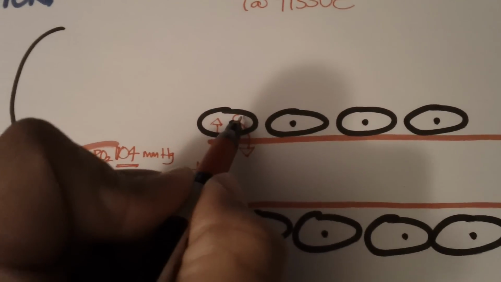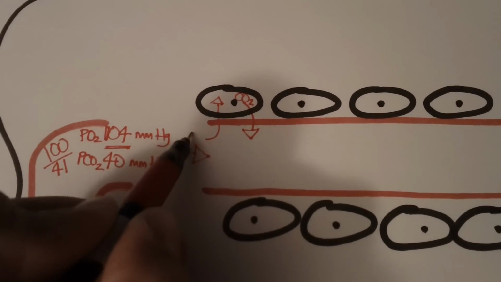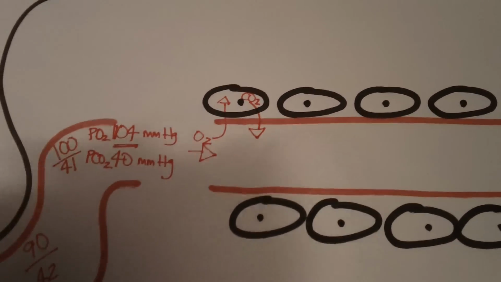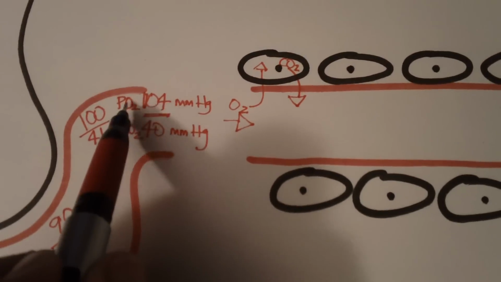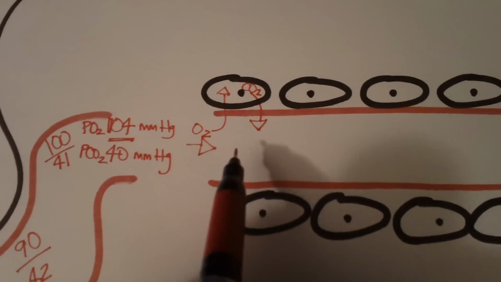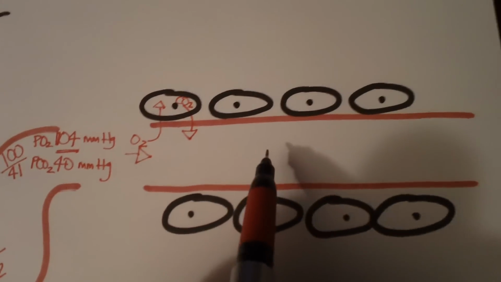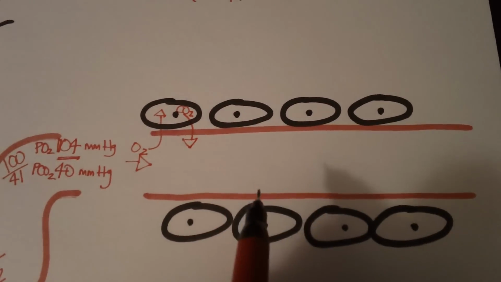We're going to be picking up the carbon dioxide, and we're going to be offloading the oxygen that we just received from the lung. So our numbers begin high in oxygen, low in carbon dioxide, and as we go through here, we're going to offload the oxygen to nourish our cells, and we're going to pick up the waste.